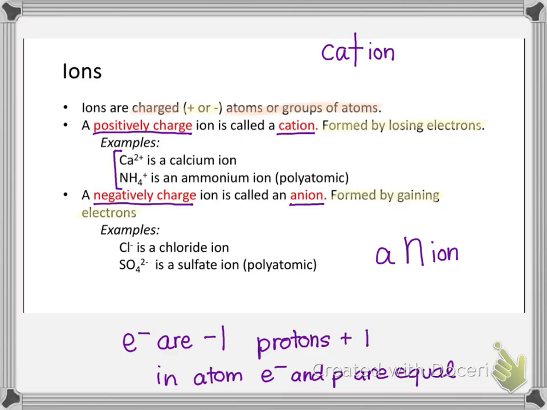So the only thing we can change, we cannot change protons. If you recall, protons are what gives identity to the atom. So these are not changing for ions. They have to stay the same, not the charge, but the protons. And so then what happens with ions is electrons can be gained or lost.